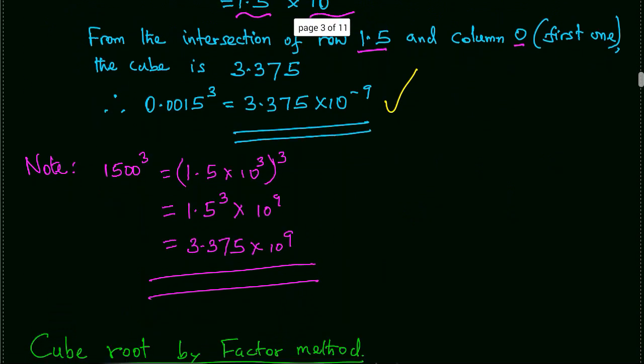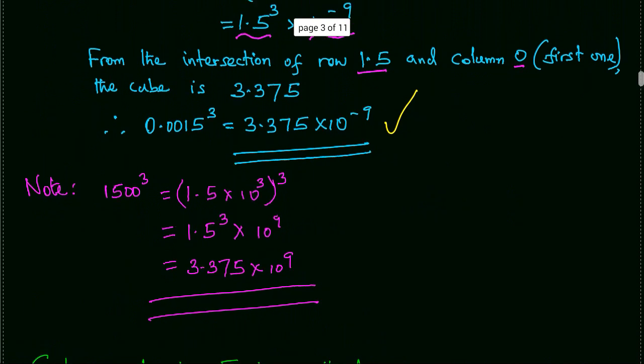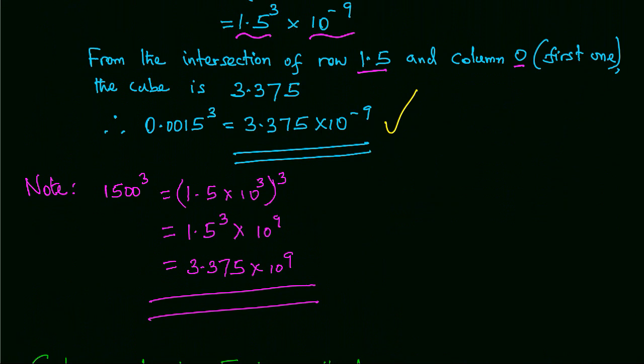Our second number is 1500 cubed. Again, in standard form, 1500 would be 1.5 times 10 to the power of 3. And that we can write as 1.5 cubed times 10 power 9.